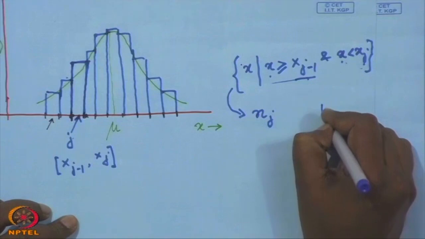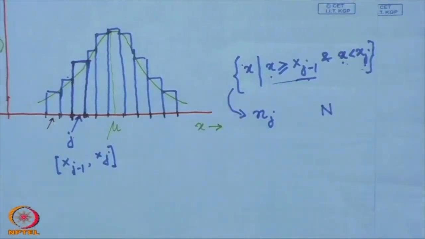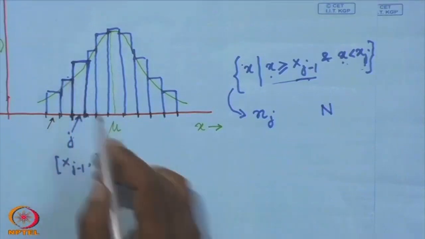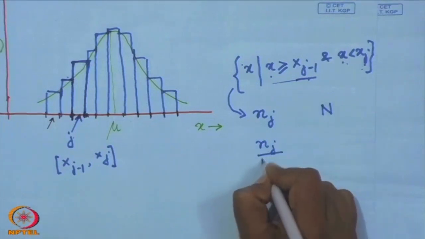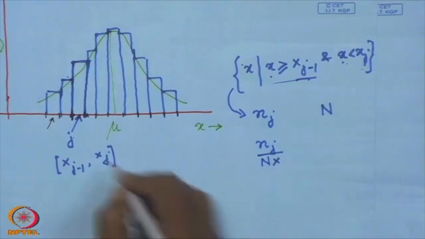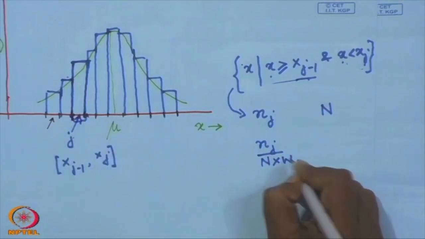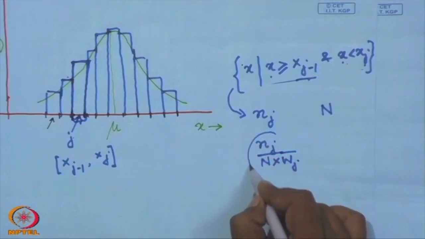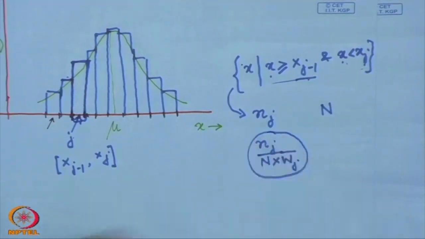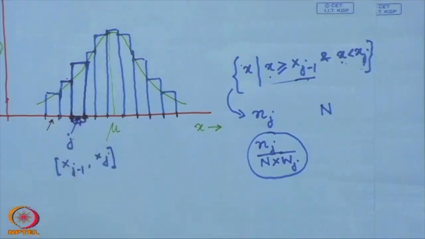And suppose capital N is the total number of samples that I have. Then this height actually represents n j by N into the width of this interval, if I say w j is the width of the interval. This is nothing but the probability that a sample falls within this jth interval.